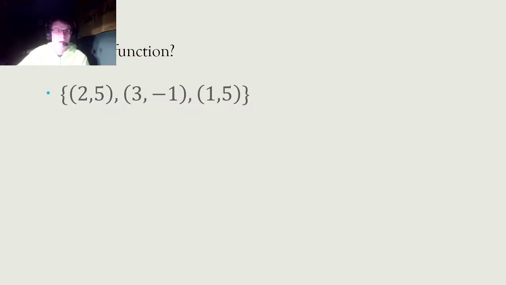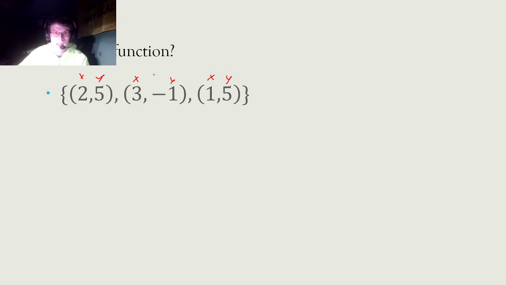Alright, how about this one? So now you have two different points here, okay? So (2, 5), (3, -1), and (1, 5). You have a set of ordered pairs here, and you have your x values first, of course, and then your y values last. So what we're looking for here is x values that are the same to determine whether it's a function or not. If all the x values in this set of ordered pairs are different, it is a function.